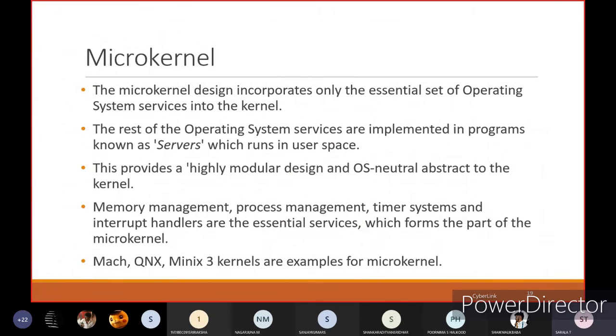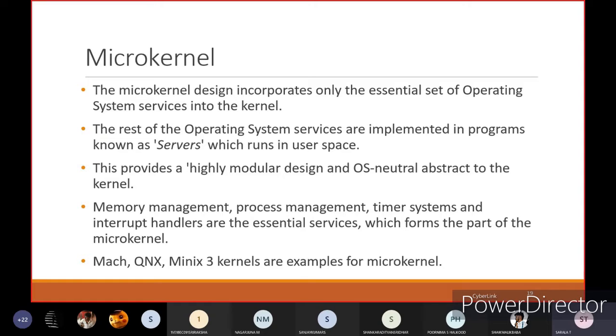Next we have the microkernel. The microkernel design incorporates only the essential set of operating system services into the kernel. Whenever you are talking about a microkernel, it always incorporates only the essential set of operating system services, the basic needs of the main kernel application.